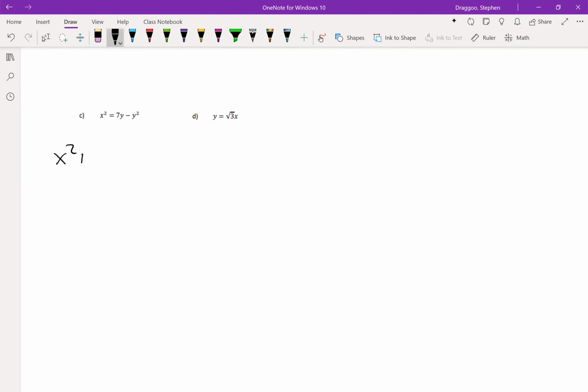So x squared plus y squared is equal to 7y, meaning r squared is equal to 7 times y, which would be r sine theta. And I'll also just simplify that one more step like I did that first time. Say that r is equal to 7 sine theta.